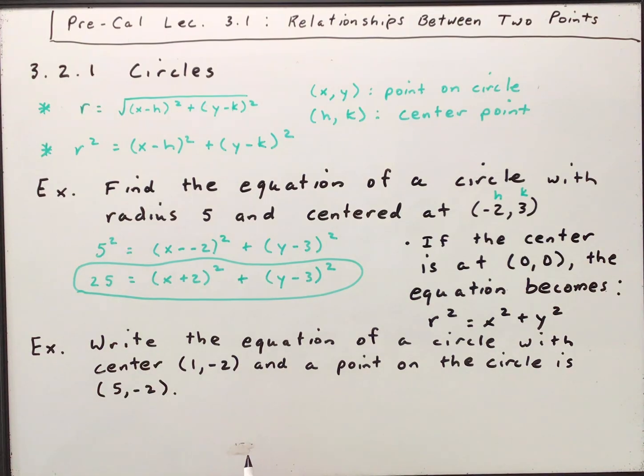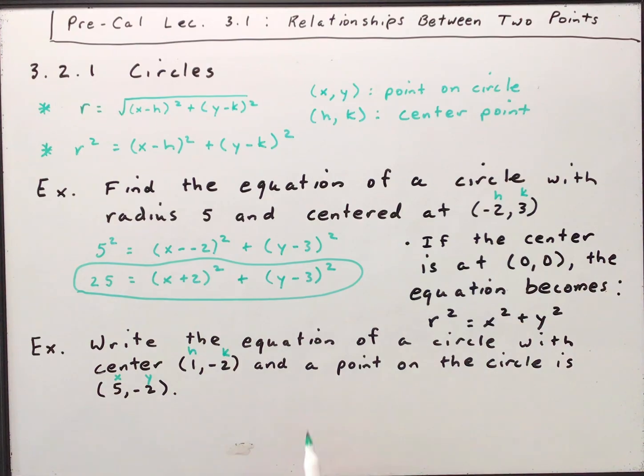Okay, so first of all, we need to get the radius. So with the center, this is going to be h, this is k, and this would be x and y. It helps sometimes to label everything.